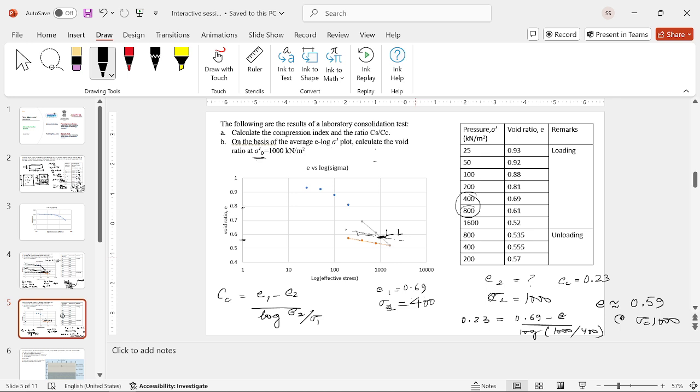Let's calculate where this, when unloaded, what will be the void ratio. The void ratio on unloading: we have E1 is 0.59, E2 we want to calculate, sigma 1 is 1000 and sigma 2 is 0.